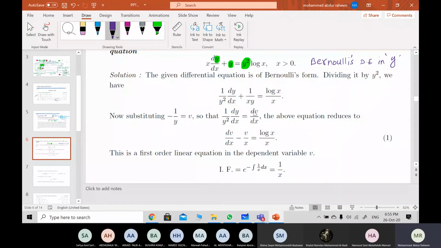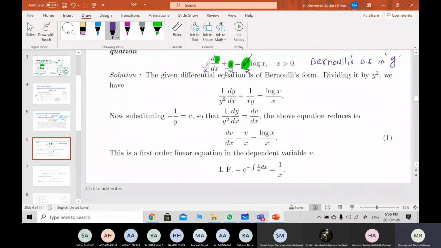So step 1 here in general is not dividing by x. Why? Because it's not linear. If it is linear, then what we have done first is divide by x. That is step 1.